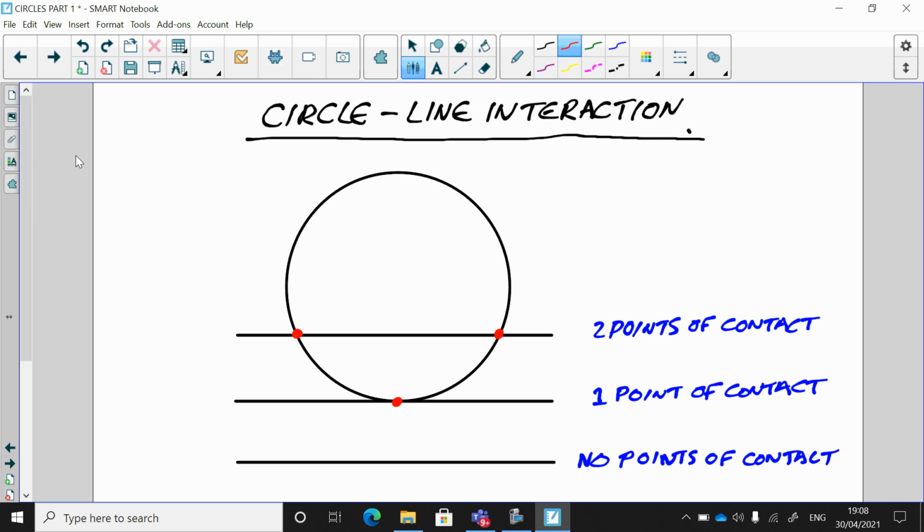So that technically is a mathematical interaction. Don't think deeply about this. That is an interaction, believe it or not. Right, so there's 3 of them. 2 points of contact, 1 point of contact, or no points of contact.